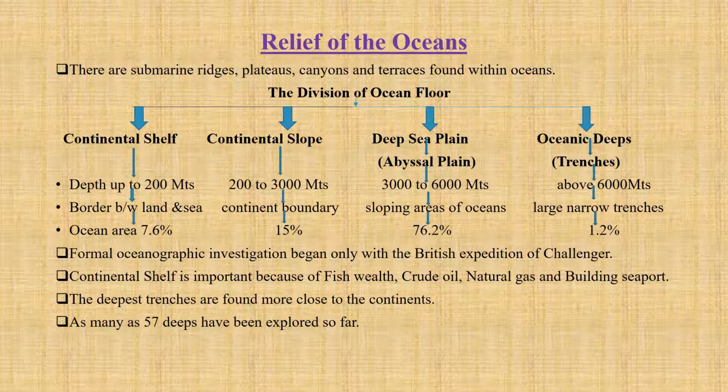Formal oceanographic investigation began only with the British expedition of Challenger. Of the 4 divisions of the ocean floor, continental shelf is the most important part because we find fish wealth, crude oil, natural gas and building seaports.